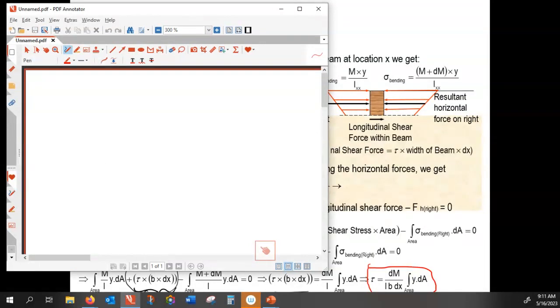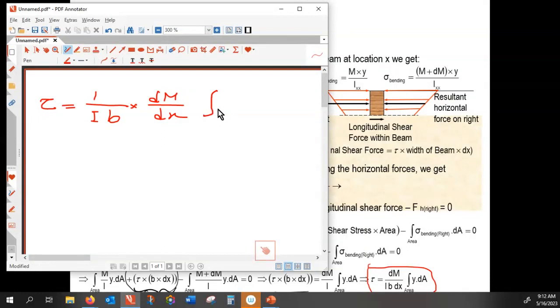Okay, according to this derivation, my shearing stress, when I say shearing stress, it doesn't matter if that's transverse or longitudinal, both of them are equal. My shearing stress is equal to 1 over I, and B, I tell you what B is, and then multiply by dM over dx.